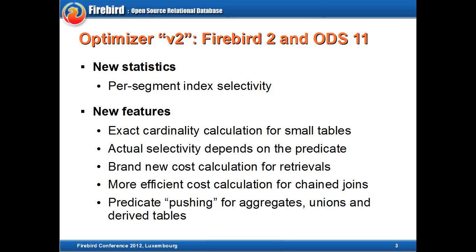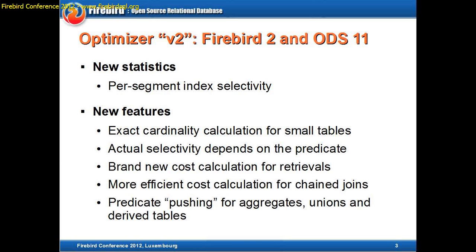And another big feature was to push the external outer predicates, we call them parent predicates, into subqueries, including unions and groupings, aggregations. Before that, if you joined a table to, for example, a derived table including a group by clause, the second part would never use an index.